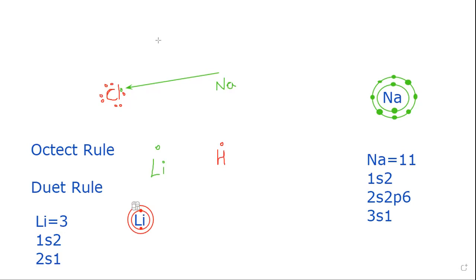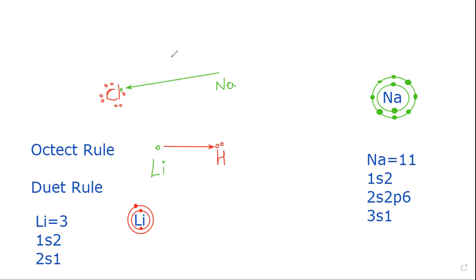Now notice what happens between lithium and hydrogen. Lithium now is going to donate this electron to hydrogen. And when that happens, now hydrogen is going to have 2 electrons in the outermost energy level.